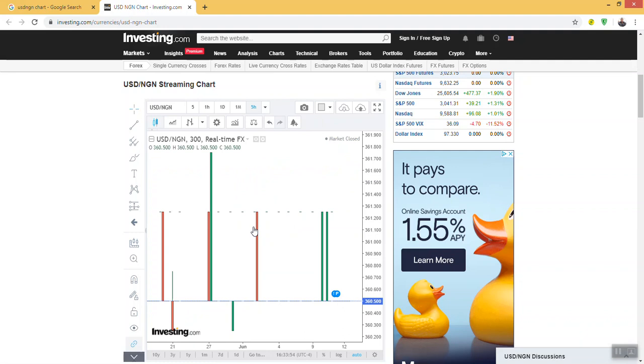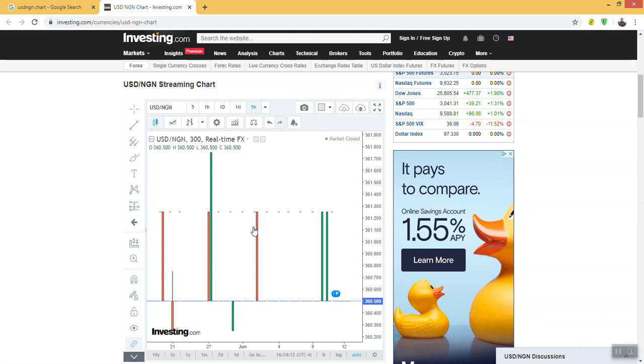Okay, we're going to start with the buy limit orders. A buy limit order is a pending order to buy an asset if its value dips to or below a determined price.